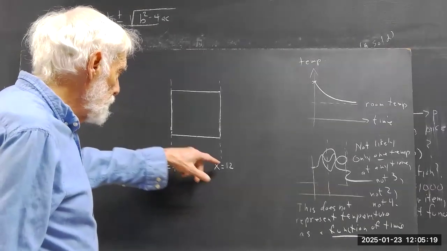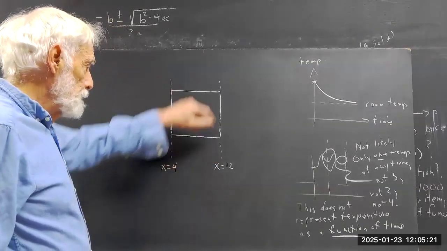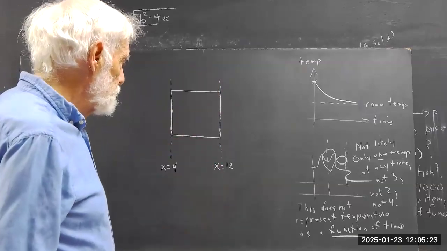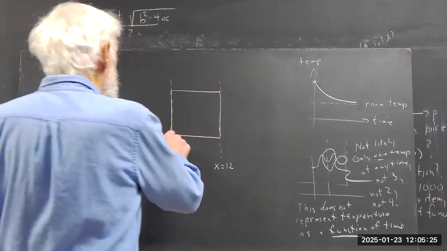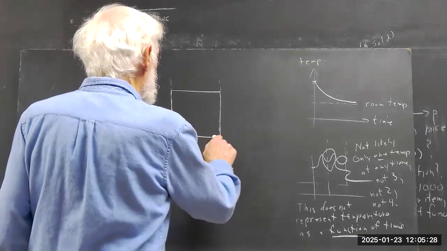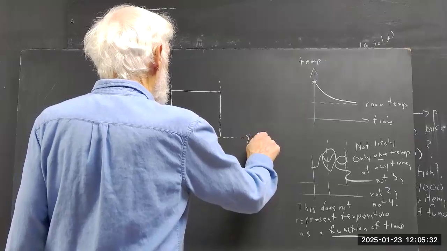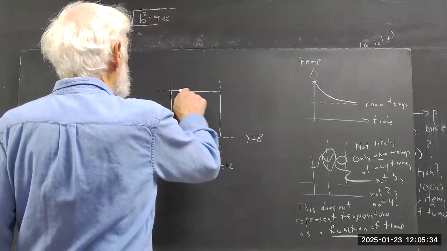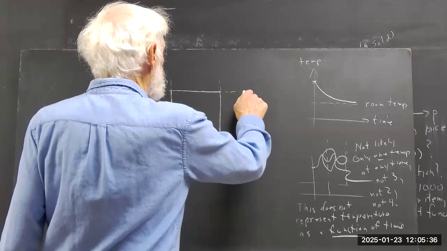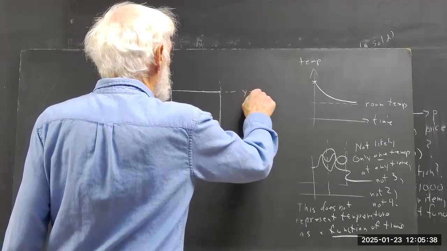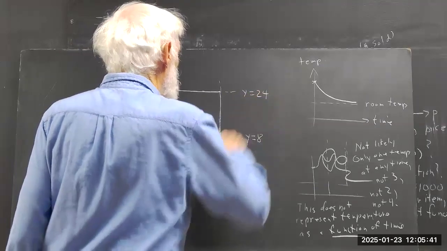So this vertical dotted line here for the left edge is where X equals 4. For the right edge, X equals 12. The horizontal line for the lower edge is at Y equals 8, and the upper edge is at Y equals 24.